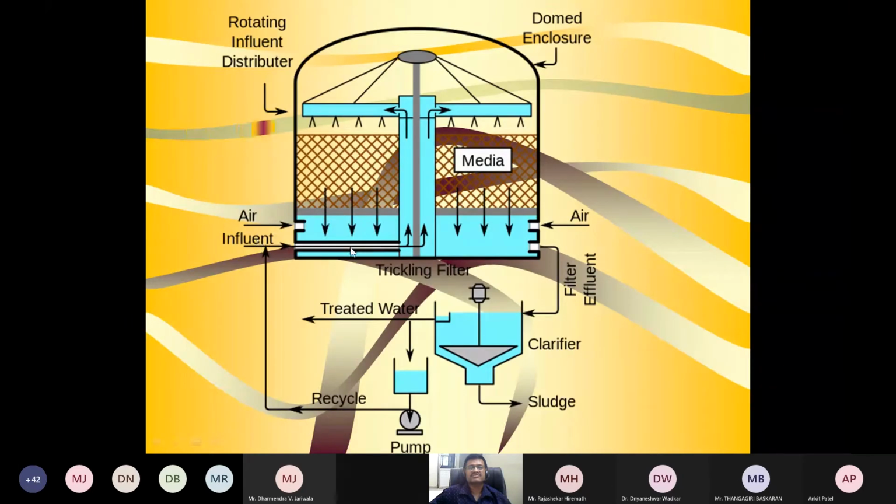The wastewater comes here, goes up, and then trickles from above, and here the media is there. Nowadays it is plastic media; earlier it was rock media. What is happening on the media is that the bacteria are not suspended, they are attached to the plastic or the rock.